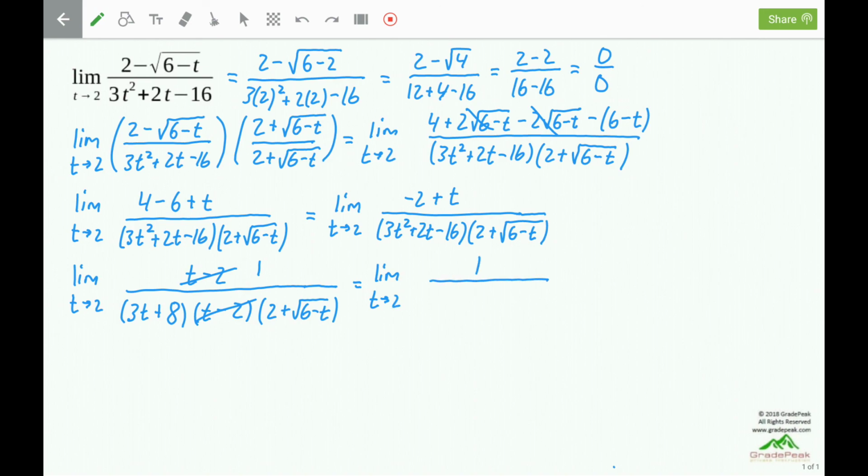And I'm just going to now rewrite everything that we have left, because our next step will be we can now plug in a 2 for each of our t values.